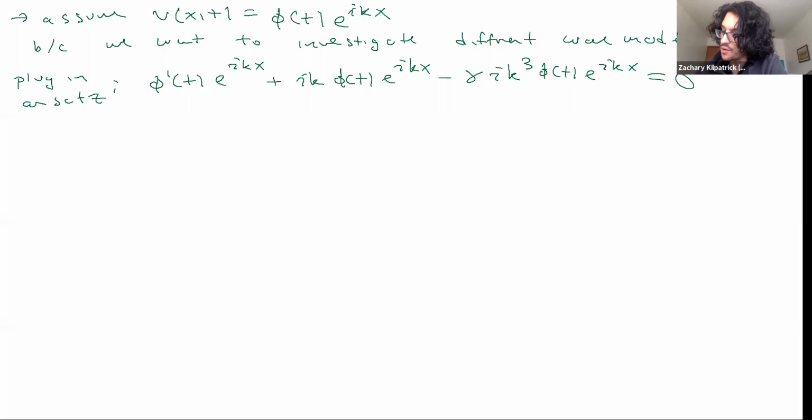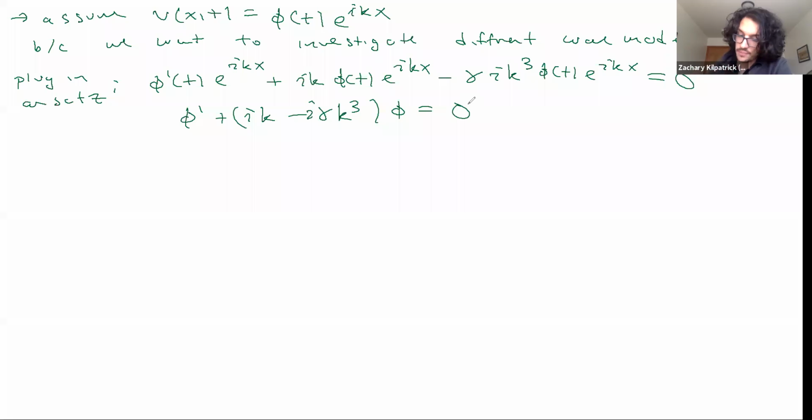So if we divide through by e to the ikx, we get phi prime plus (ik minus i gamma k cubed) multiplied by phi is equal to 0.